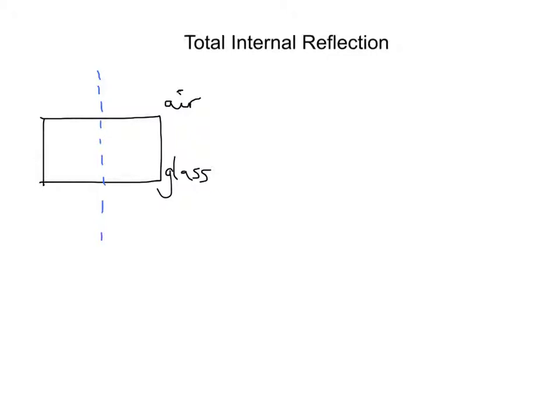So we have, and I'll draw this in red, our incident ray there, and then we get this refracted ray moving off away from the normal, if you like. So we said that this was our refracted ray, this was our incident ray, and we've got two angles.